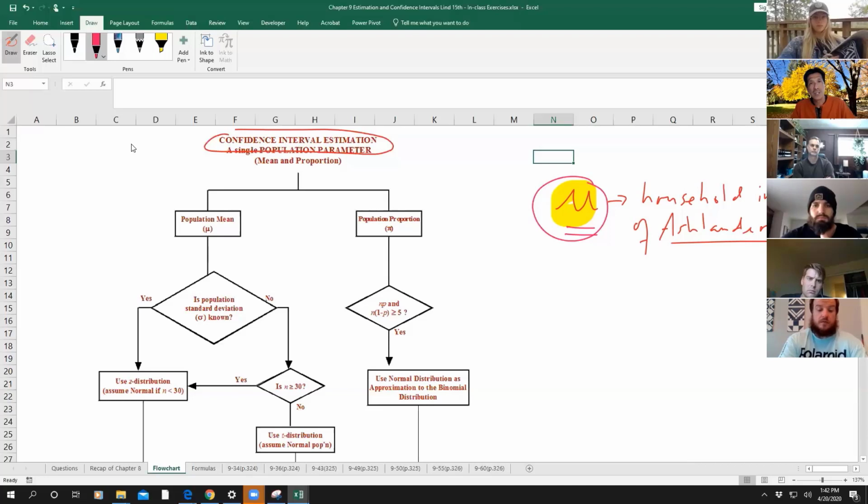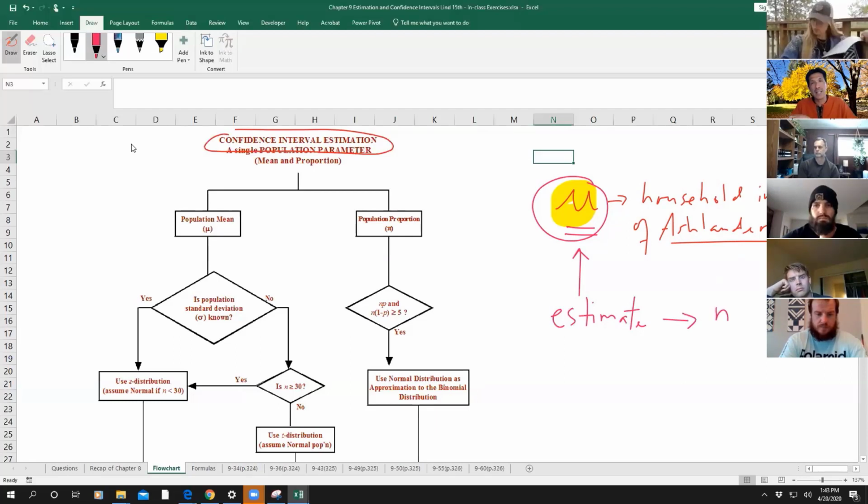So what do you do? Well, if this is important information that you need in your market study, then you will try to provide an estimate of this unknown actual average of household incomes of Ashlanders by way of taking a sample.